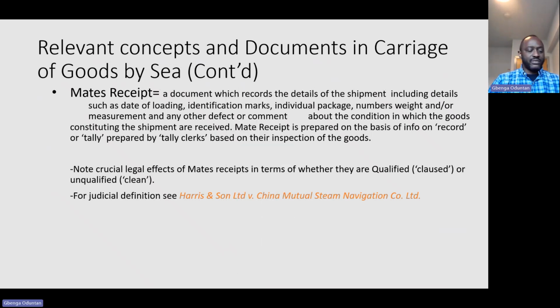Then we have specialized papers of proof of shipment and conditions of arrival of the goods on the boat. The first one that you need to know about is the mate's receipt.